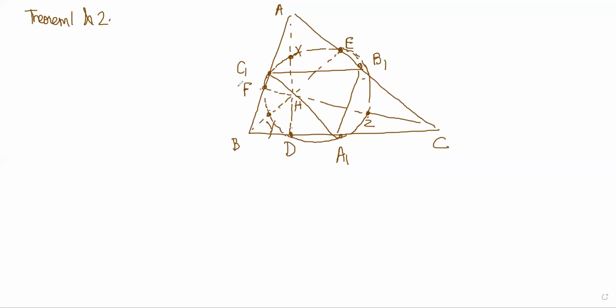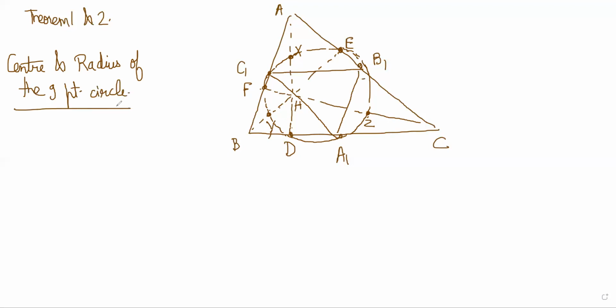So can you find the center and radius of the 9-point circle? This circle is called the 9-point circle. Can you find the center and radius of this? So think about it.